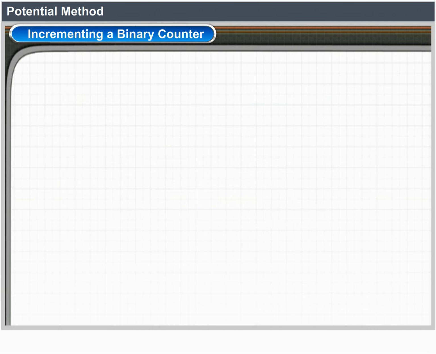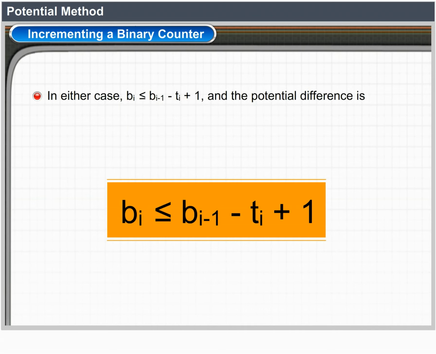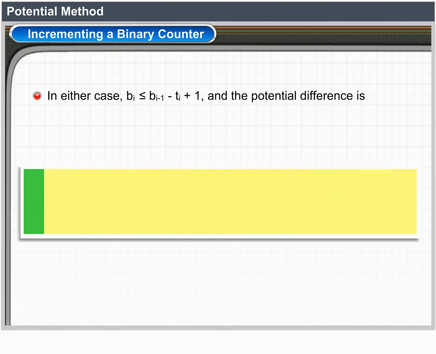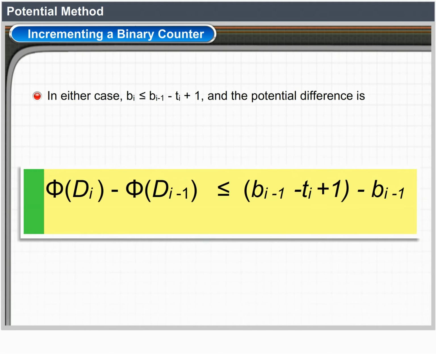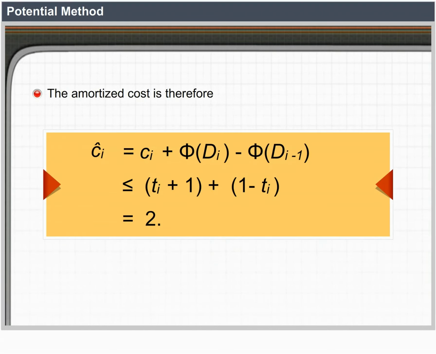In either case, bi is less than or equal to bi minus 1 minus ti plus 1, and the potential difference is phi of Di minus phi of Di minus 1 less than or equal to bi minus 1 minus ti plus 1 minus bi minus 1, which equals 1 minus ti. The amortized cost is therefore ci hat equals ci plus phi of Di minus phi of Di minus 1, less than or equal to ti plus 1 plus 1 minus ti, which equals 2.